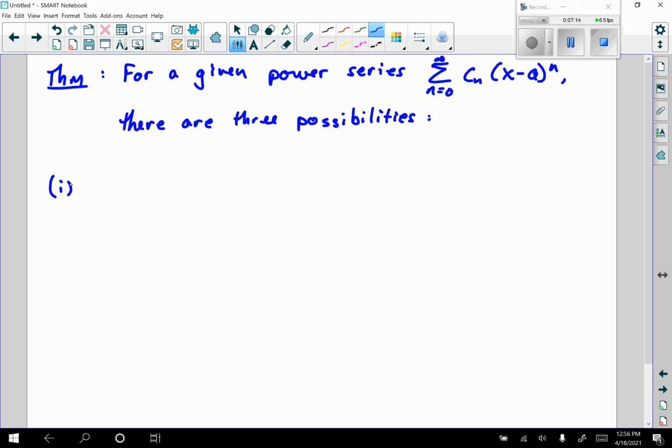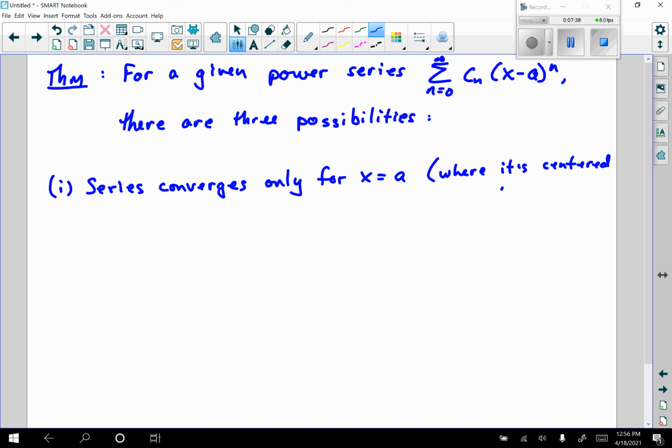First, the series converges only for x equals a. So this means where it's centered at. Two, the series converges for all x.